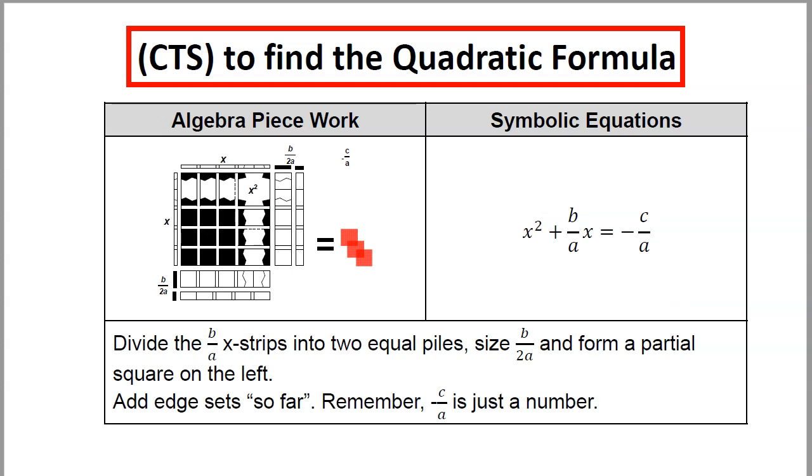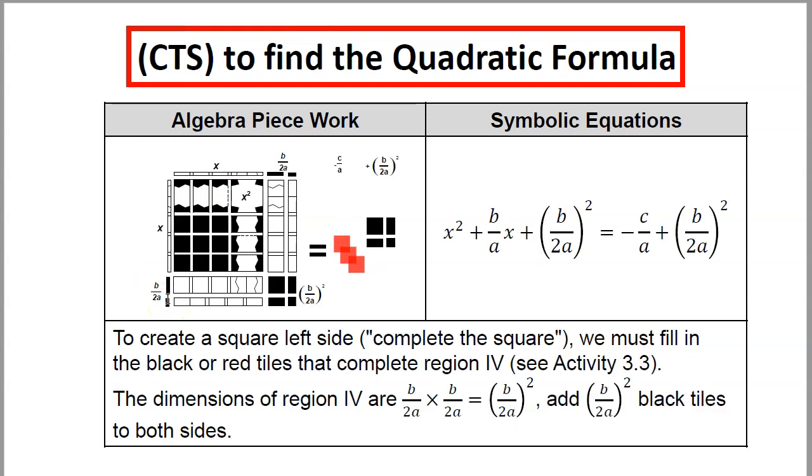Now we'll divide our x strips, b over a x strips, into two equal piles. Those are each sized b over 2a. And we'll form a partial square on the left. When we add the edges so far, along the top we have x plus b over 2a, and down the left we have x plus b over 2a.